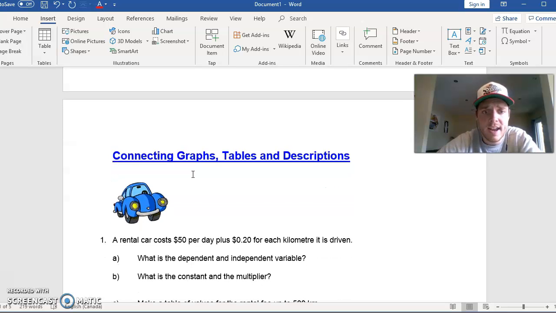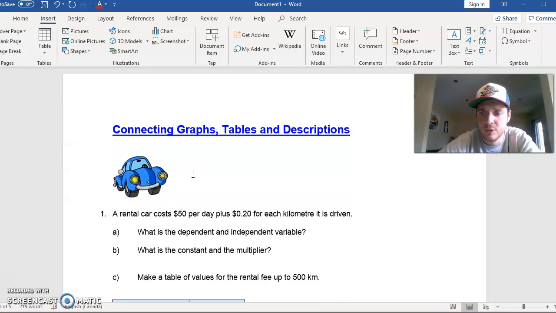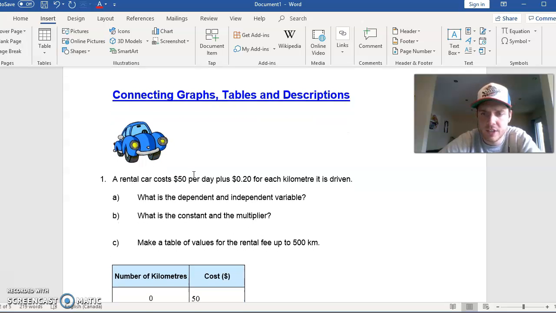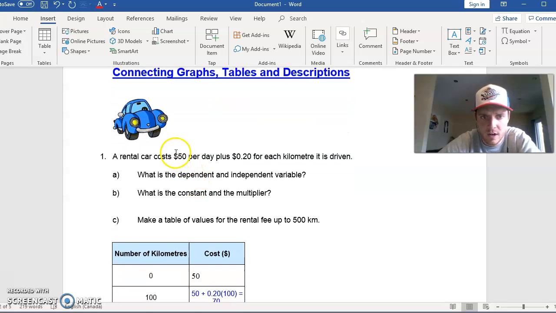We then learned how to connect graphs, tables, and descriptions. We kind of made it a little more real life oriented. So for example, a rental car costs $50 per day plus 20 cents for each kilometer you drive. What is the dependent and independent variable? Well, think about it. Does how much you're going to have to spend depend on how far you drive?